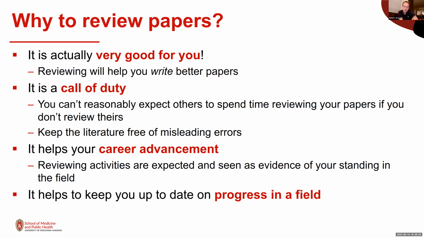It's also a call of duty. You can't reasonably expect others to spend time reviewing your papers if you don't review theirs. And this is really important to keep the literature free of errors. You should think about it this way: every paper that you publish would typically be seen by, let's say, 2-3 reviewers, or if you had to go to more than one journal, 4 or 5.